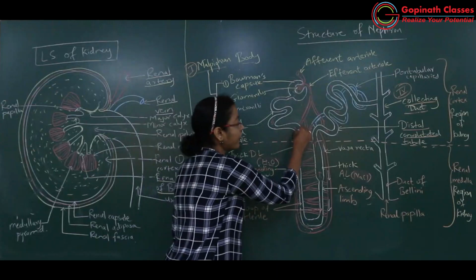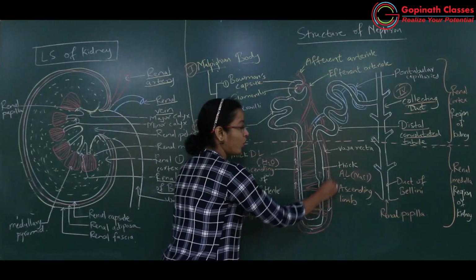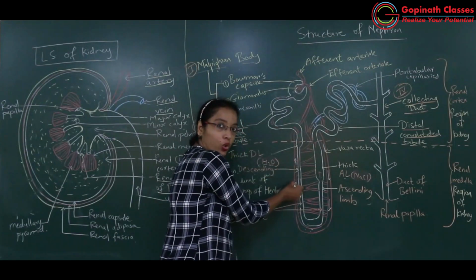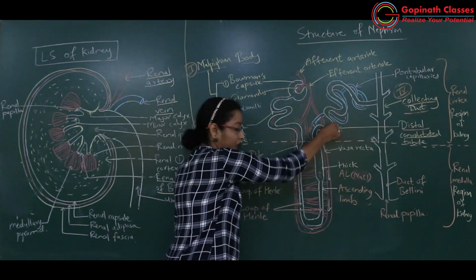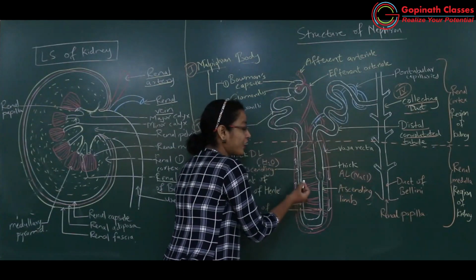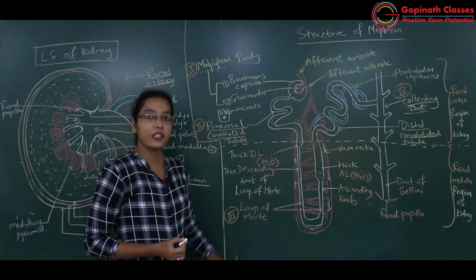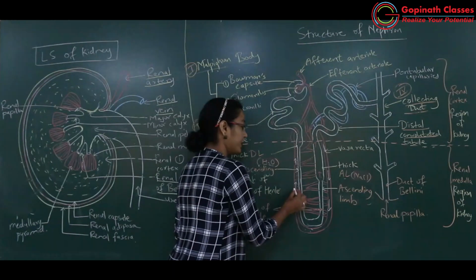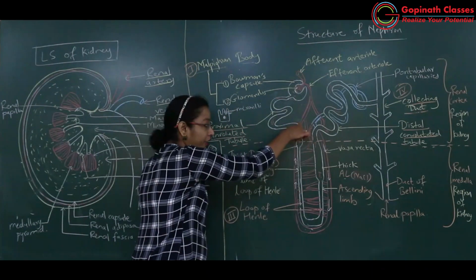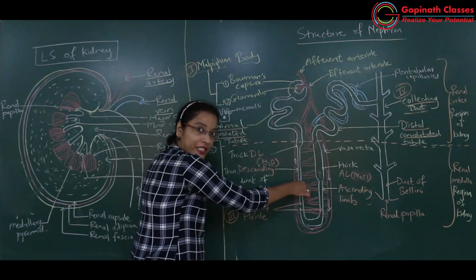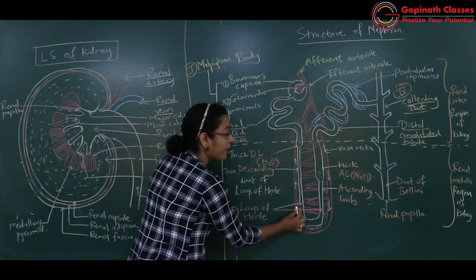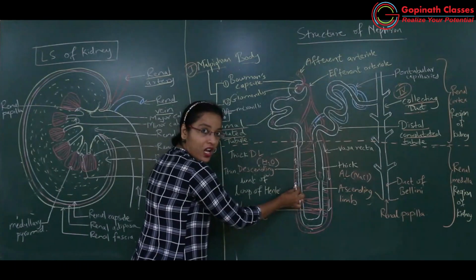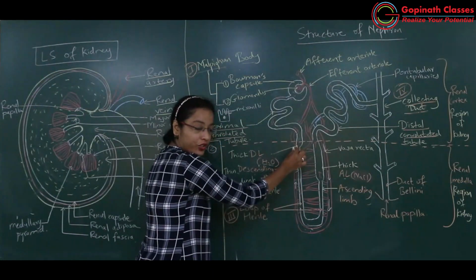How is the nephric filtrate moving? It moves from the PCT to the loop of Henle to the DCT, whereas how is the direction of blood flow in the vasa recta? It is opposite. Now look, the nephric filtrate flows like this through the descending limb, whereas the blood flowing in the vasa recta is in an upward direction.